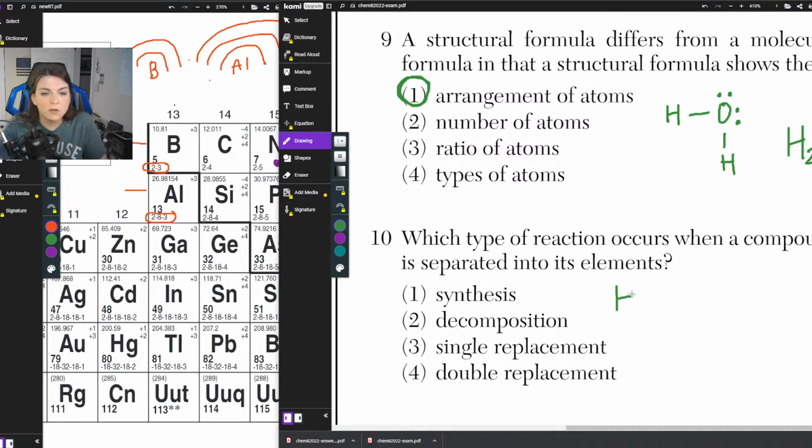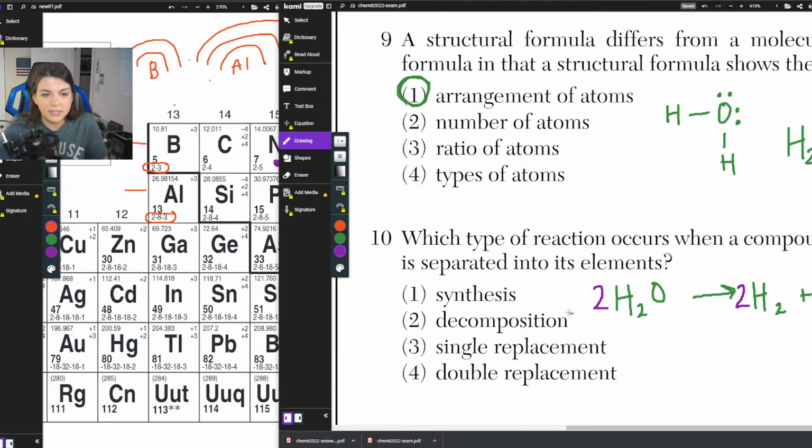We have water, and it's going to break into its elements, H2 and O2. Okay, that's not balanced. Let's balance that. We would have to put a 2 right here to get me the 2 oxygens, and I'd have to put a 2 right there to get 4 hydrogens. Okay, there's my balanced equation.